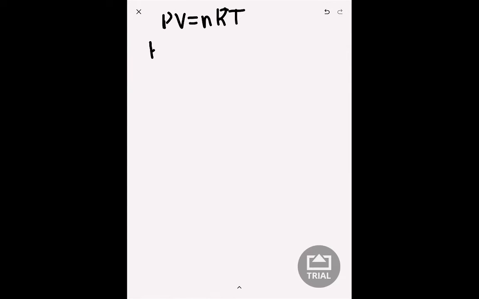The pressure of the nitrogen is what we're looking for. And so I'm putting pressure of nitrogen here. Okay, that's my question mark. And so V is 552 milliliters. N is what we got to find.